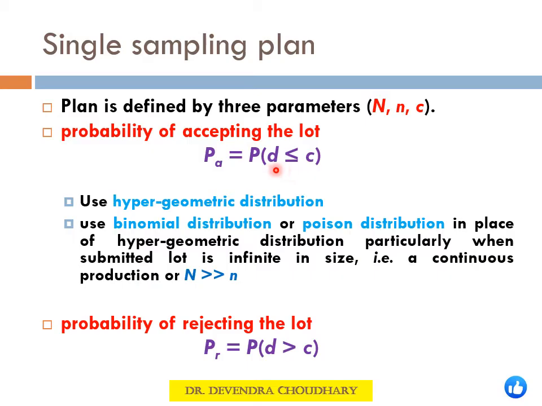If defectives found in the sample are less than or equal to the acceptance number C, then the lot is accepted.